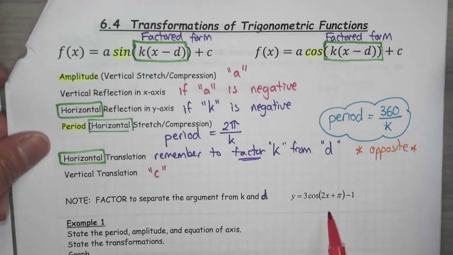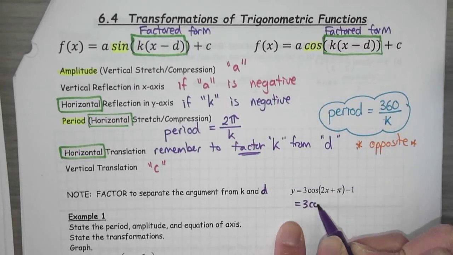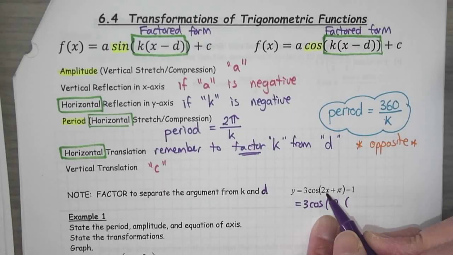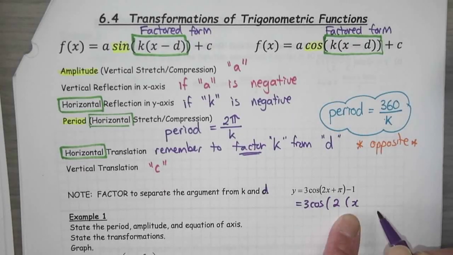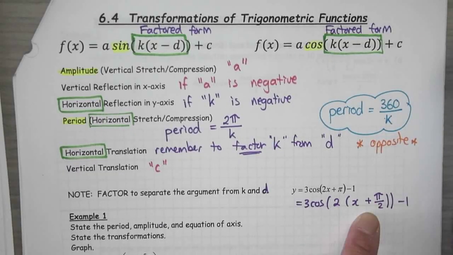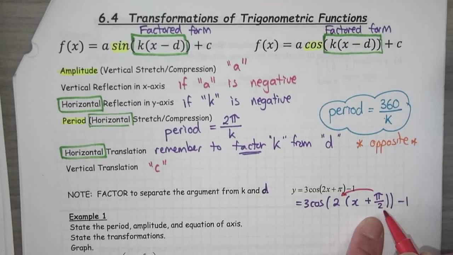Okay, we got this. So from here, one more time, I want you to factor the 2 from the pi. When you factor it out, what are you doing? You're getting plus pi over 2. Does that make sense? To factor it out, you're dividing it by 2.